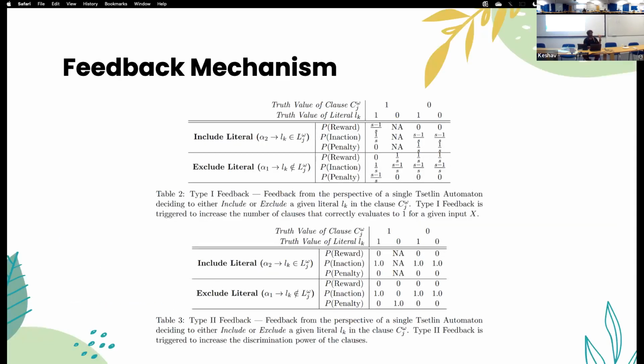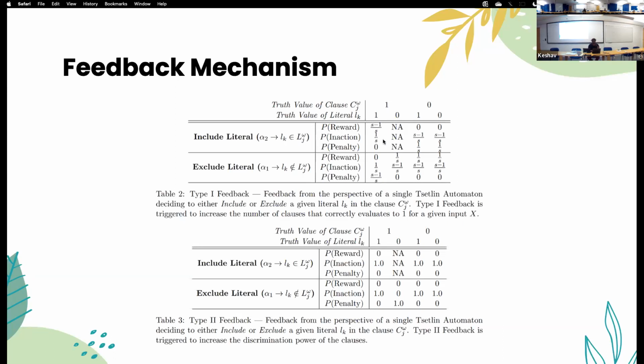The actual training of these automata is a little involved, a two-step process. The first, more standard step uses a randomized training set modulated by this value S, which is essentially your training rate.